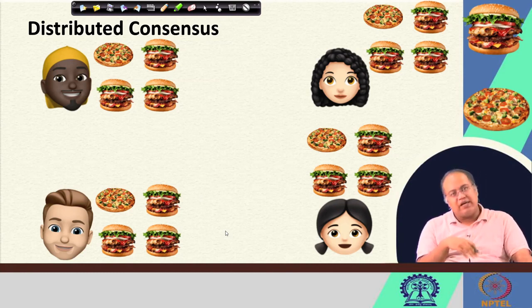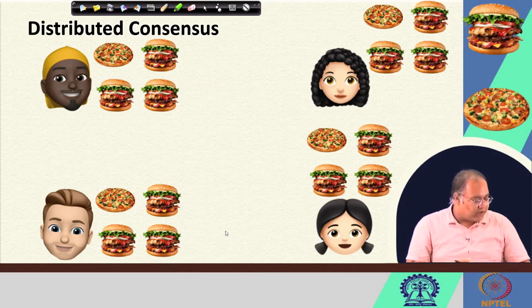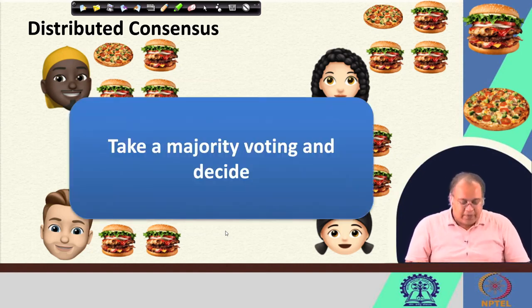Rather you are working in a completely distributed way, and every one of you is getting the choices of others and accordingly locally deciding what to do, whether to go for a burger or a pizza. So that way you can always take a majority vote and decide.